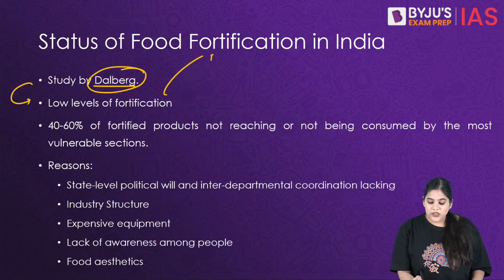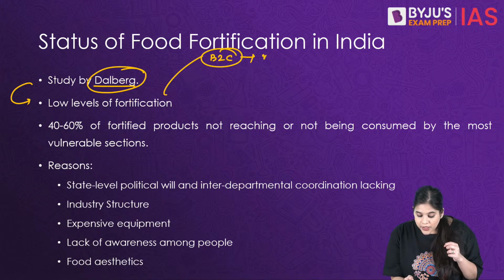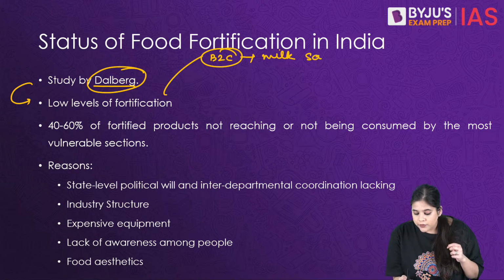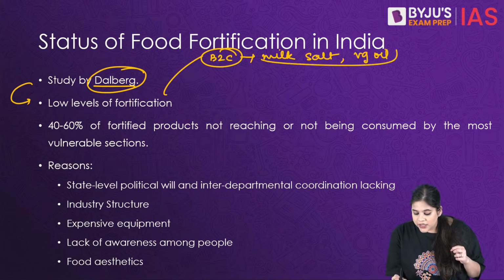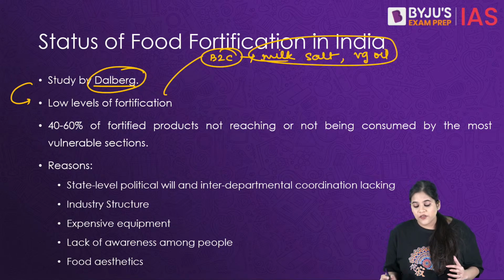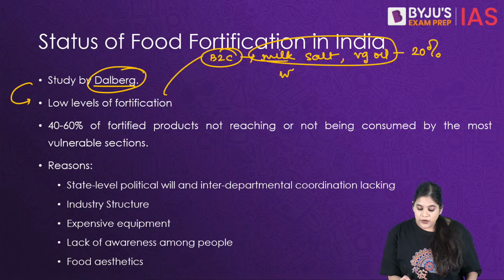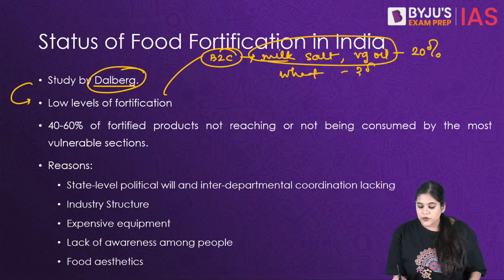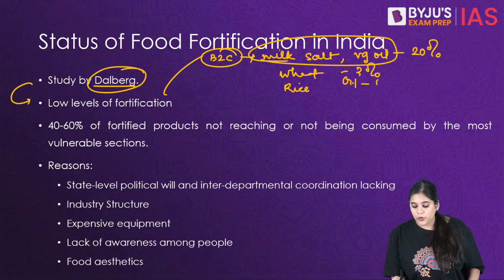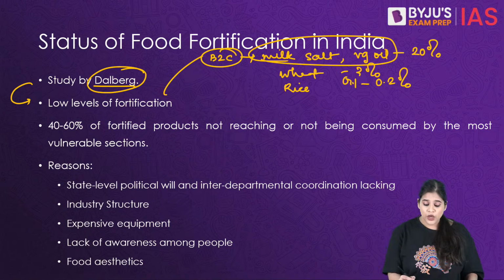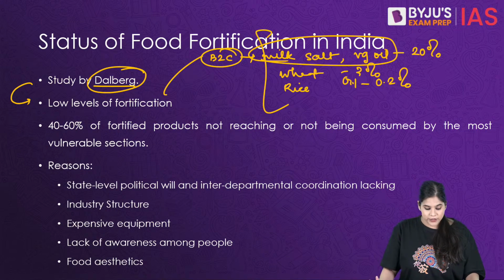When it comes to business to consumer products like milk, salt and vegetable oil, in these 3 items, the fortification is only up to 20%. For wheat, it is only 3%. For rice, it is even less, 0.1 to 0.2%. Okay, so the levels of fortification even right now, they are quite less.